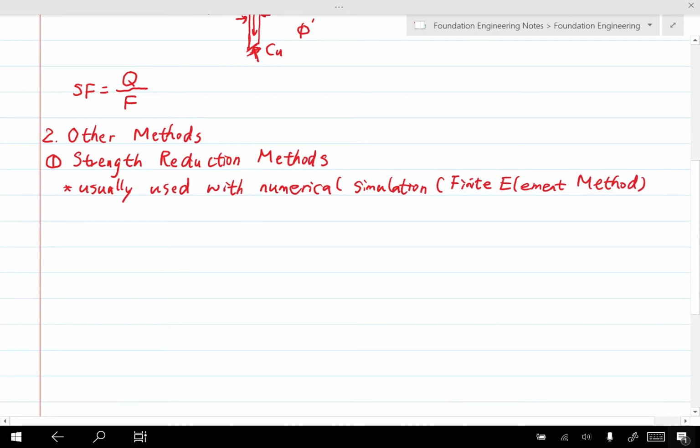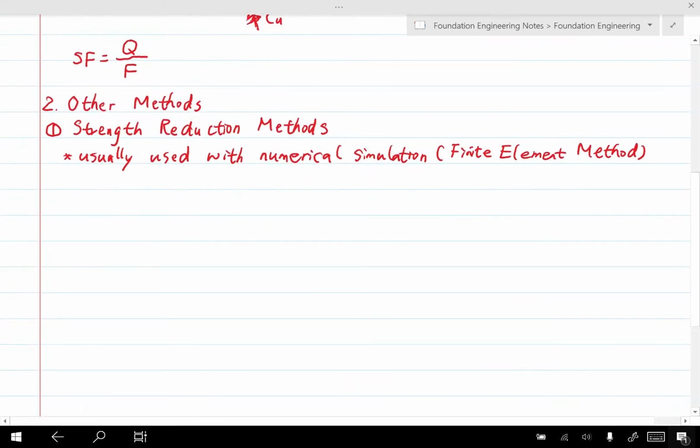Actually, in geotech, the finite difference method is also widely used. But no matter which numerical simulation method we are using, it's the same thing. What we do is that for a slope, we want to analyze the stress and strain distribution inside it, and also we know the displacement.